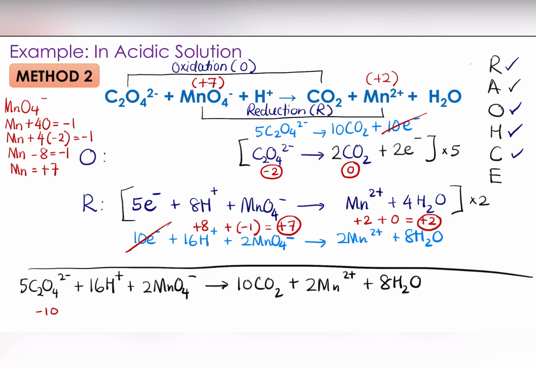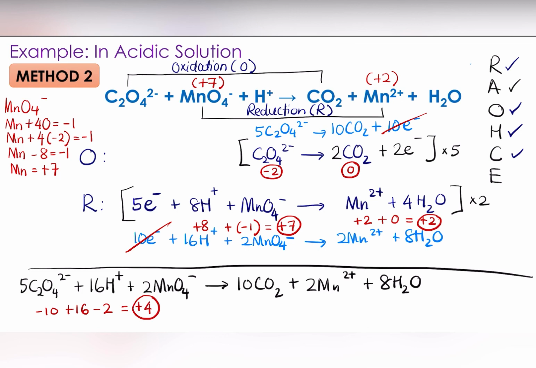And then I have here 16 times positive 1, so it's going to be positive 16. And then here, 2MnO4 minus, it means 2 times negative 1, I have minus 2. So when you press the calculator, you will have positive 4. So this is the total charge for reactant.